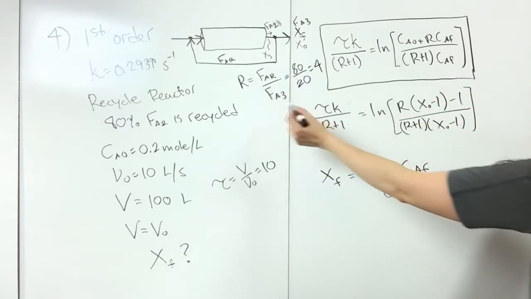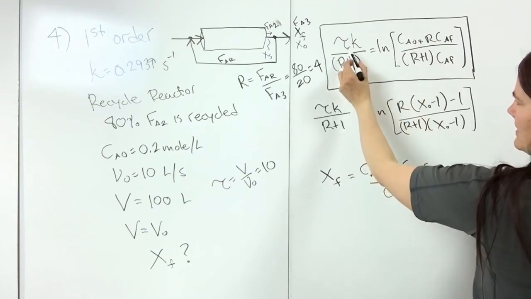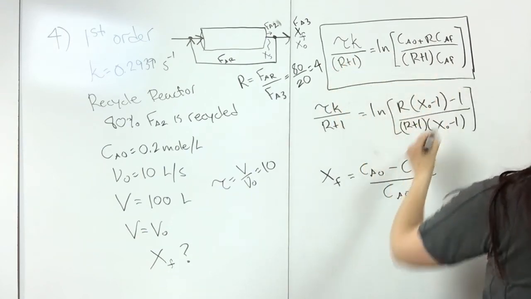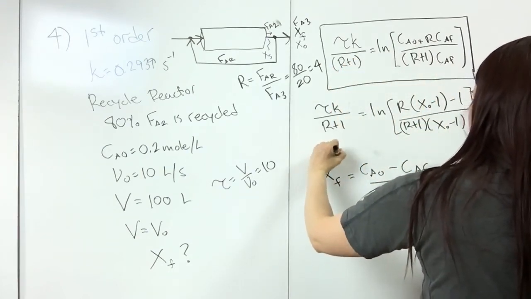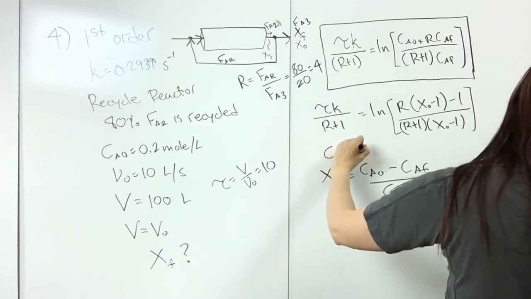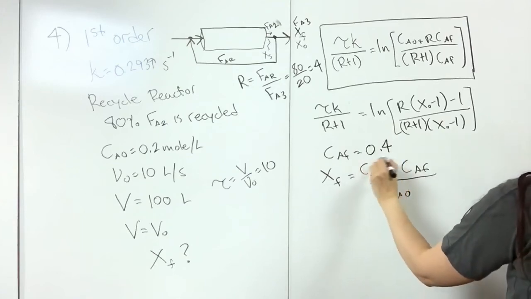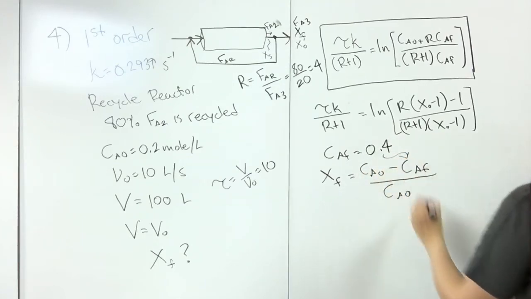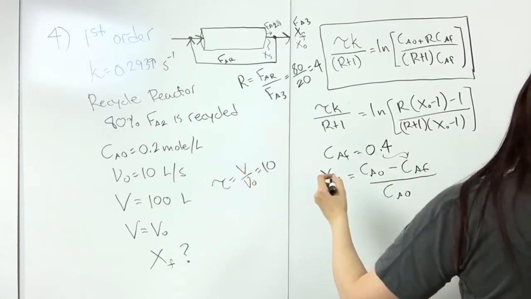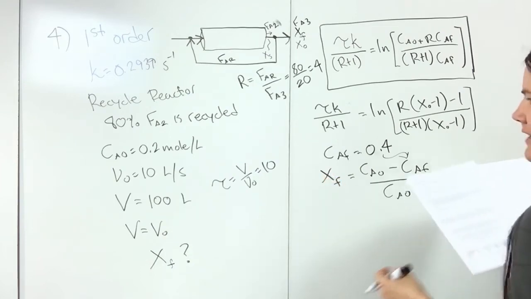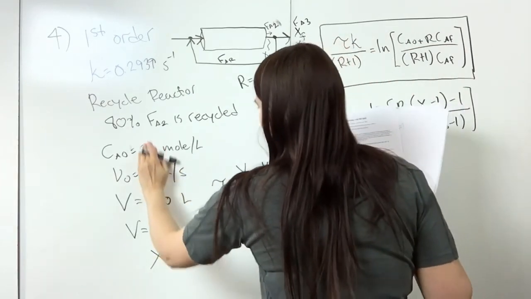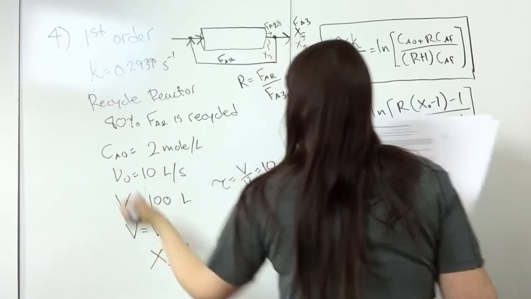So if you plug R into here, tau, K, and solve for CAF, you get that CAF is equal to 0.4, and then you can plug that into here, and we know CA naught. I wrote down CA naught wrong. This is 2 moles per liter.